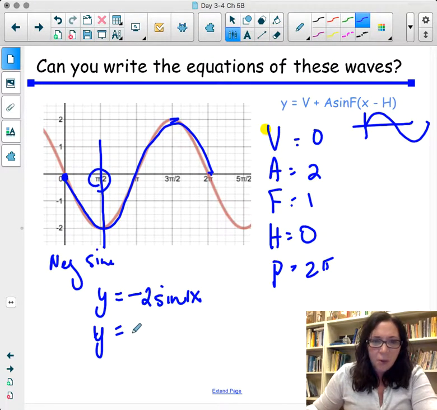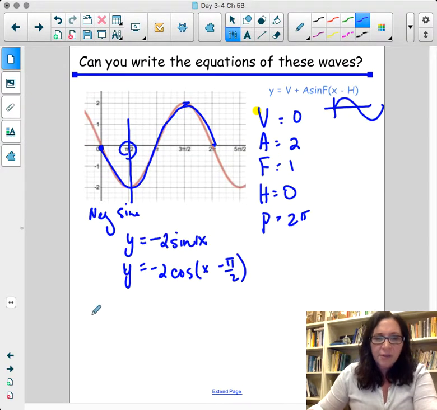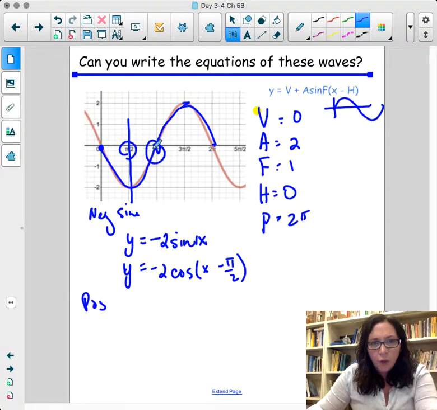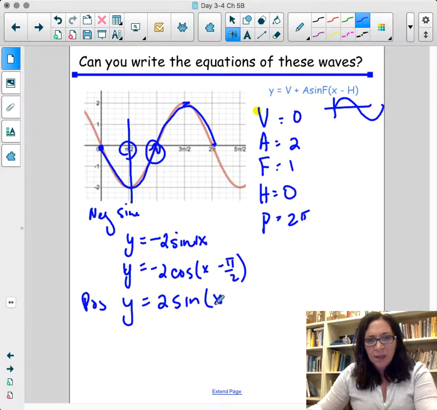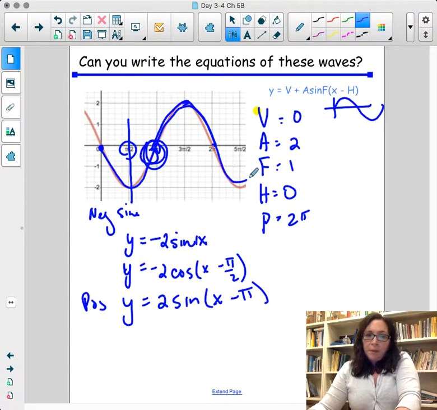So that's going to be y equals negative 2 cosine of quantity x minus pi over 2. Now, if I want this to be a positive sine wave, I actually have to shift this all the way to pi, meaning y is equal to 2 sine, parenthesis, x minus pi. And then that actually is where I'm starting, going up and over.